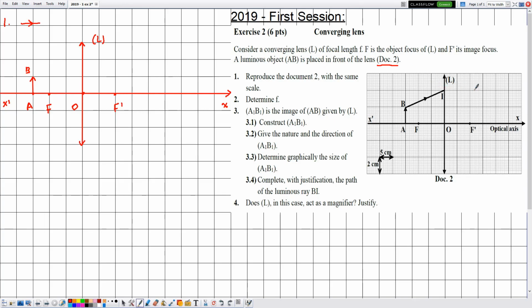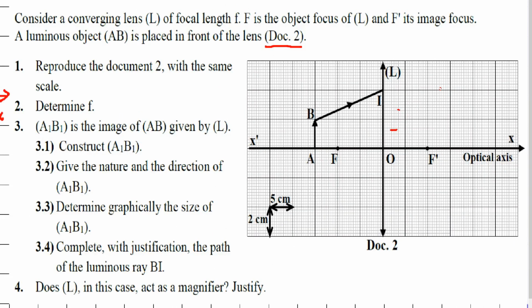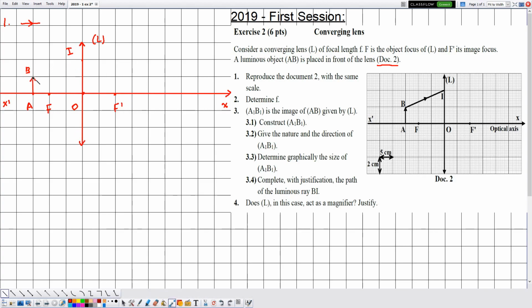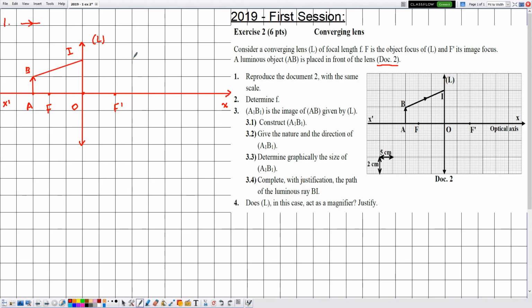And the point I is located 1, 2 divisions upward on the lens. And BI represents a luminous incident ray issued from B. And we don't forget arrows on light rays that indicate the direction of propagation of light.